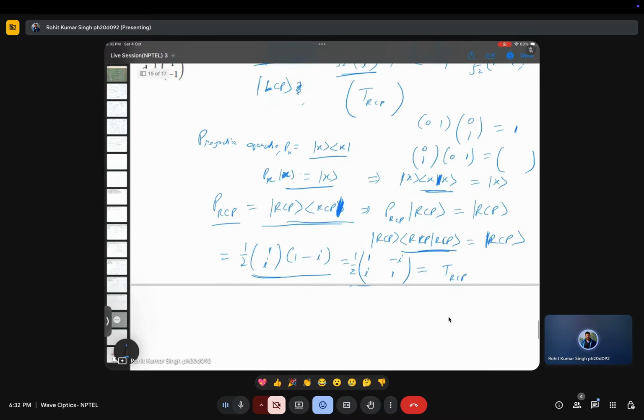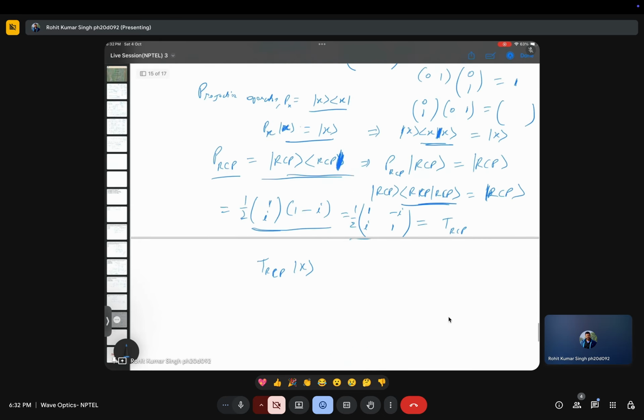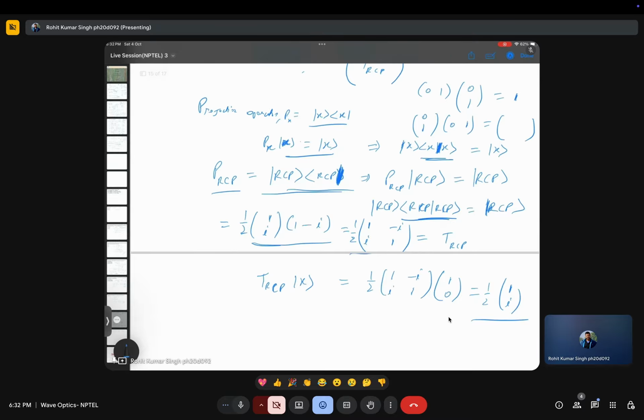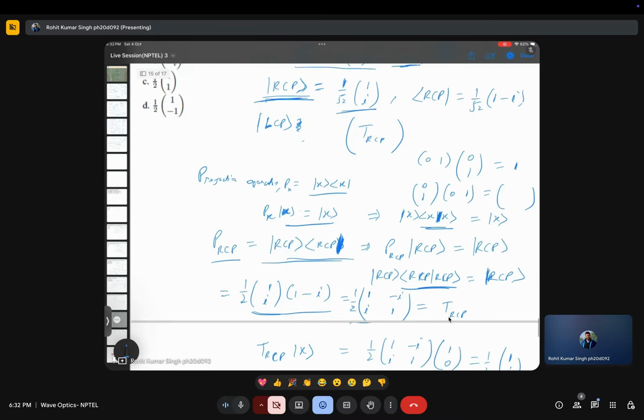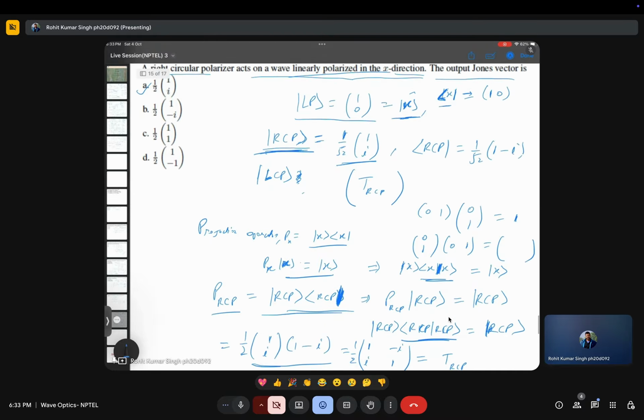Now when you apply this right circular polarization matrix on your wave which is linearly polarized along the x-axis, you just do this matrix multiplication, 1 by 2 is 1 and i. So what do you get? You get basically this, which is a right circularly polarized light, right?